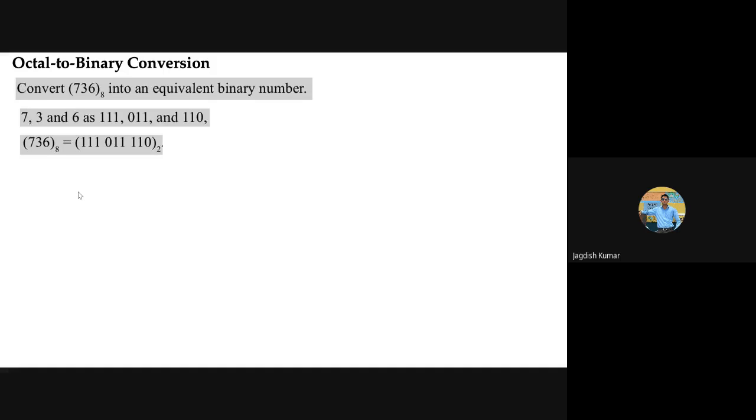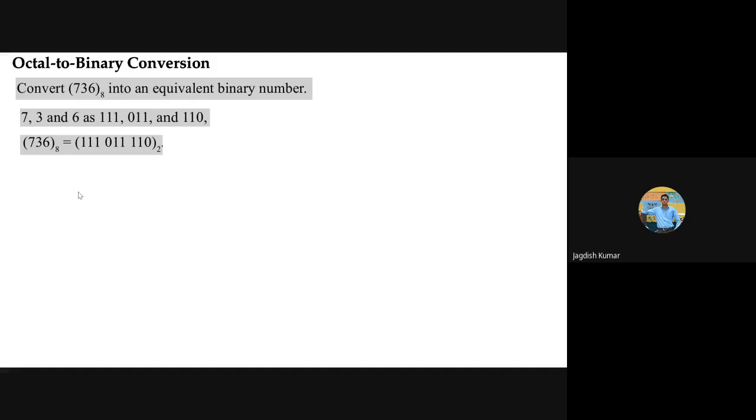You do it quickly. What is 736 in decimal number system? 478. Okay. Are you getting the same from binary as well? Yes. Check it if you are getting the same using binary. 478.